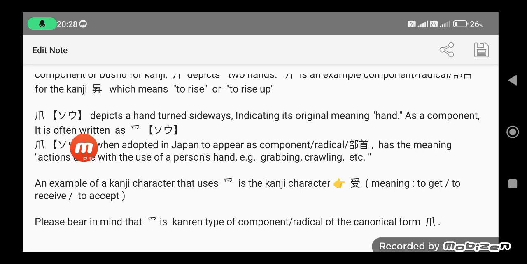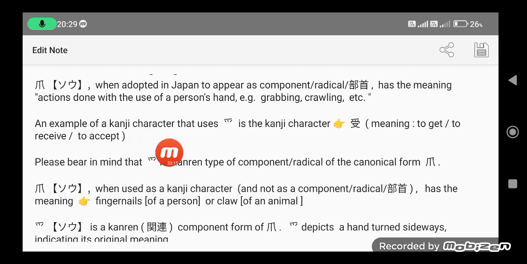As a component, this is written like this. So it's also a so, or kunyomi tsume, or claw. When adapted in Japan to appear as a component, it has the meaning of actions done with the use of a person's hand, for example, grabbing or crawling. So this is also a hand.